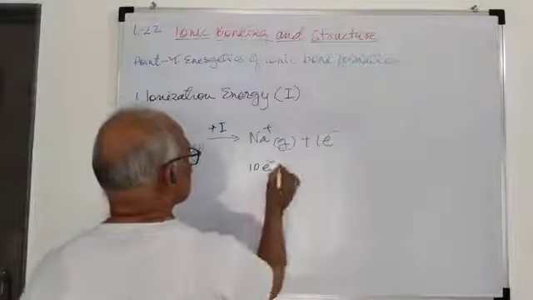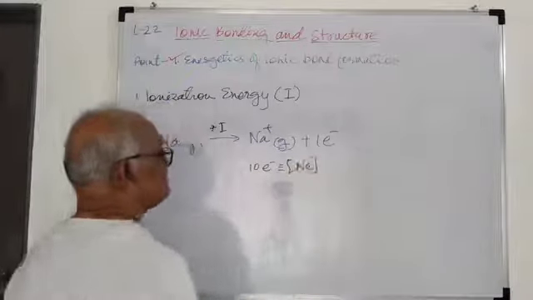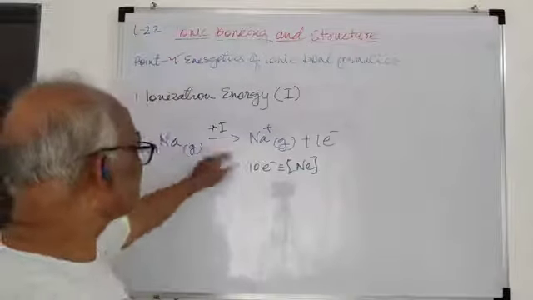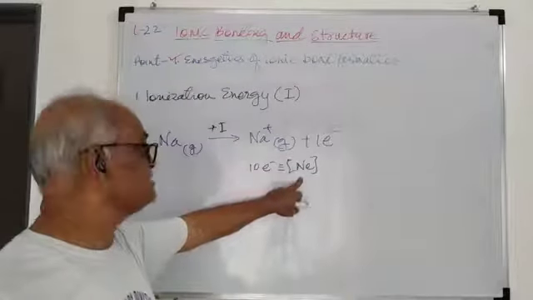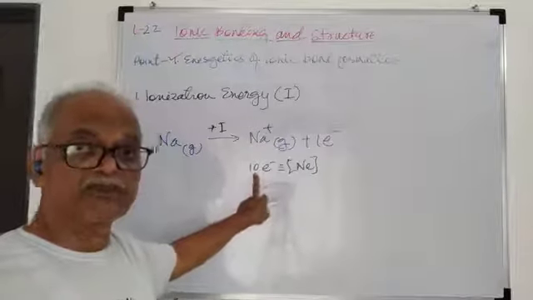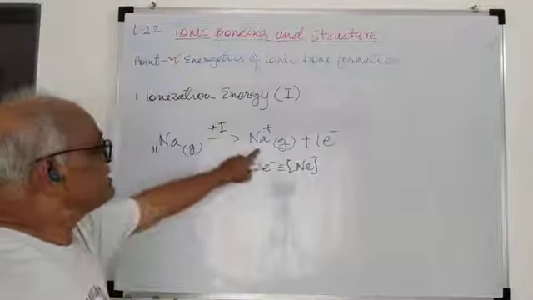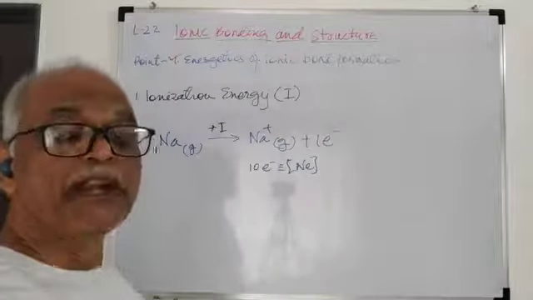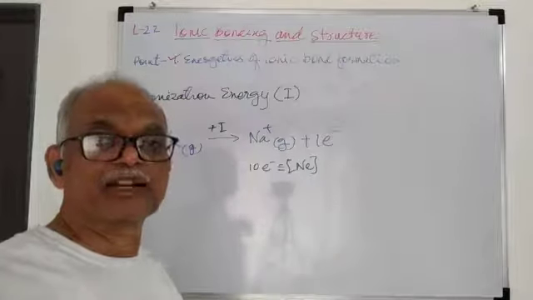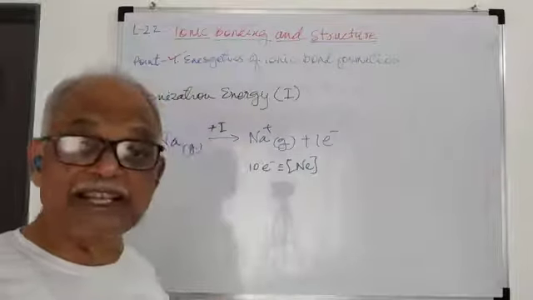So this is equivalent to the neon configuration, that is inert gas configuration. So this Na is stabilized by attaining the neon configuration containing 10 electrons. Then we can have Na+, Na2+, Na3+, which may require different amounts of energy for the removal of the corresponding electrons.